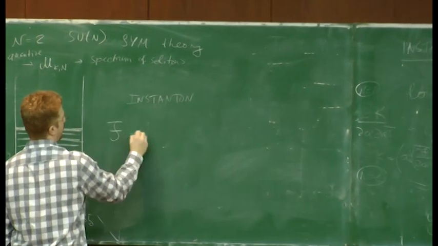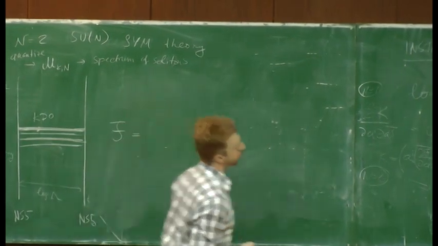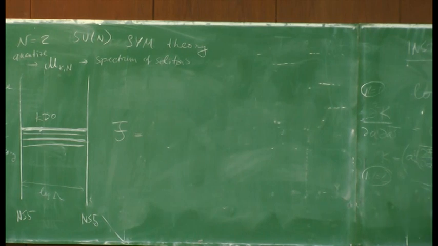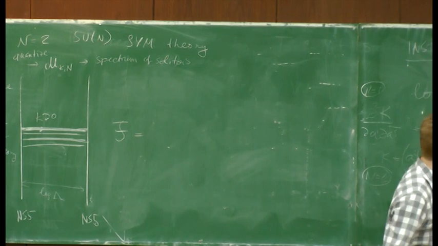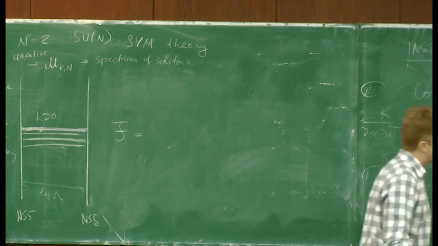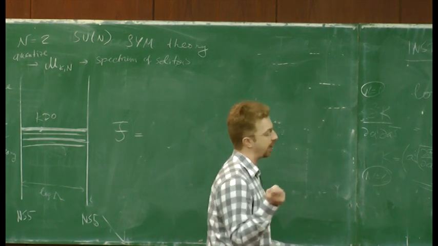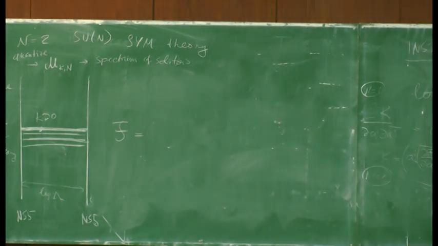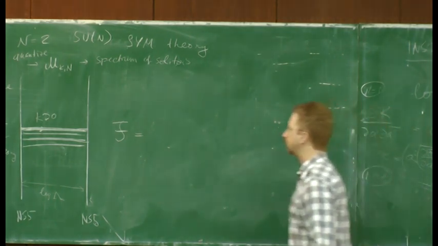The point is that this prepotential function. I wrote what tau is at one loop. It was a logarithm, but I claim that tau is actually the second derivative of a single function, and it's not obvious that the logarithm of a_i minus a_j can be written as such a derivative, but in fact it can.